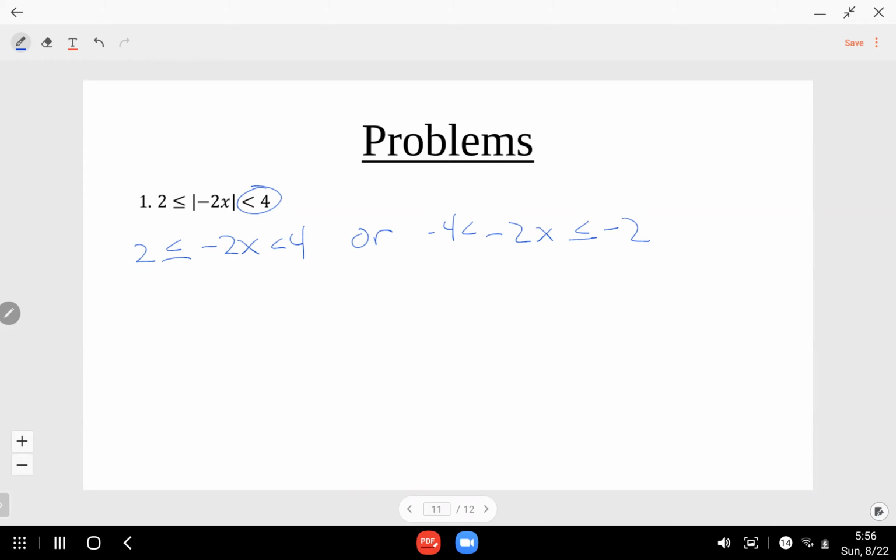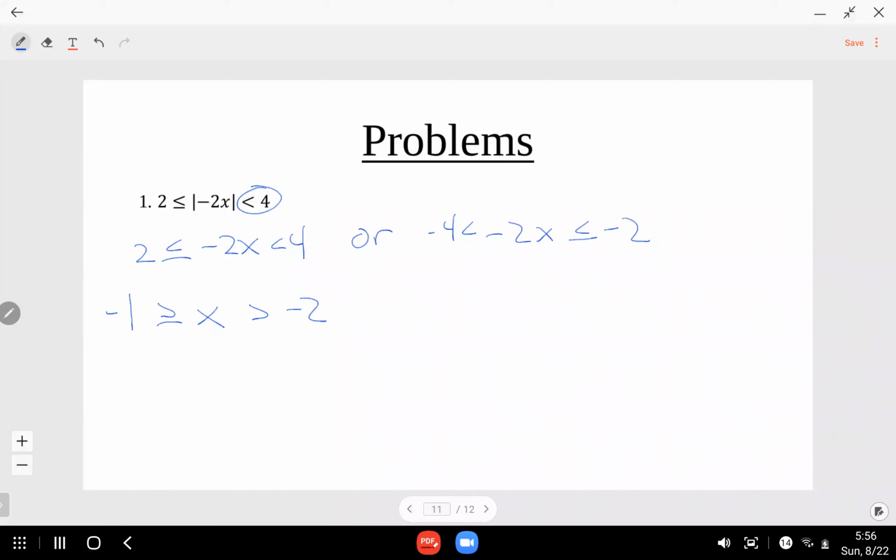It's not that hard. So what do you get here? You switch the signs, obviously. You divide by -2 on all sides, and because you divide by a negative number, the grand rule of algebra, you switch the signs.